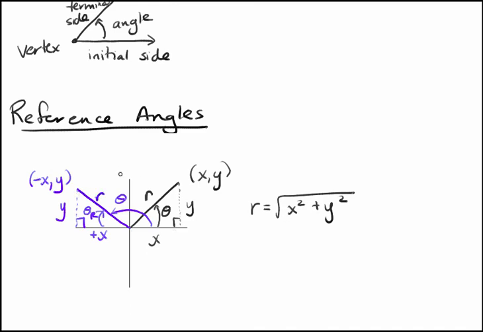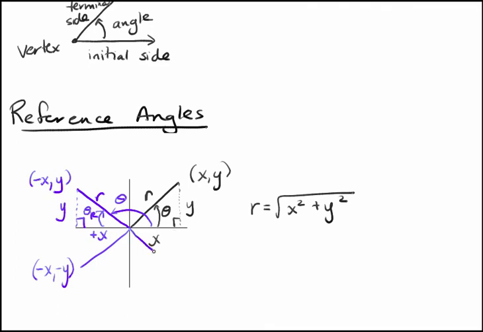We can continue this and think about what's going to happen in our third quadrant. You're going to have your r, and the only difference is that with this line here, we've done a reflection of our point (negative x, y) in the x-axis, so the negative x stays the same, and the y becomes negative now.